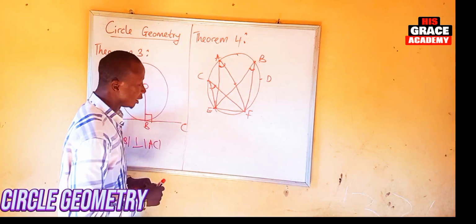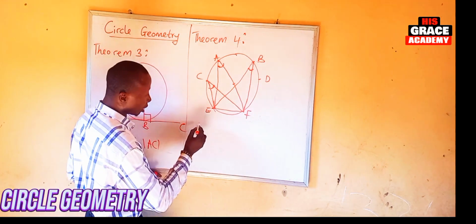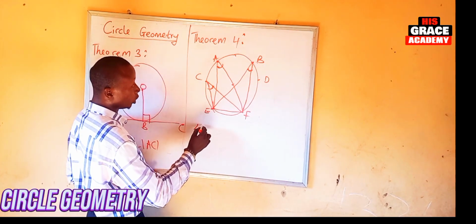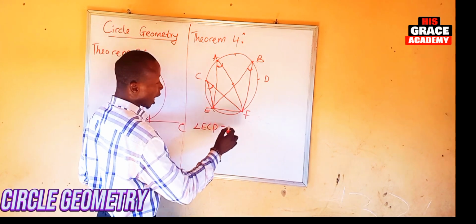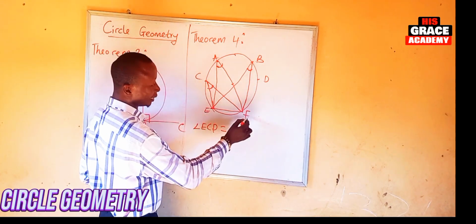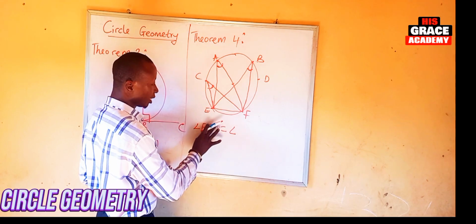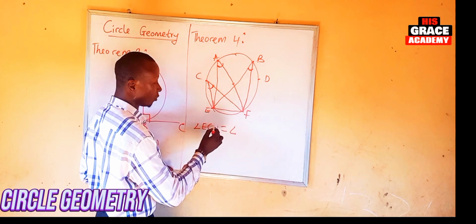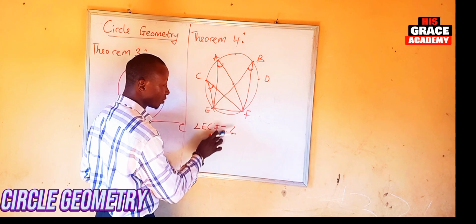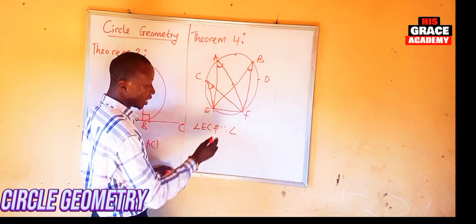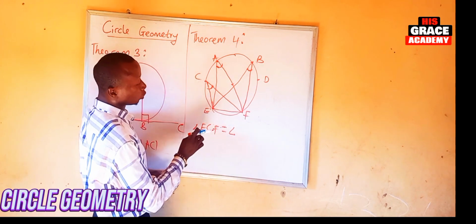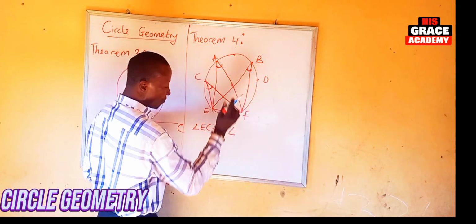So mathematically, let me illustrate it as, you see, angle ECF. The chord is EF, so it is F. So angle ECF is equal to angle EAF.